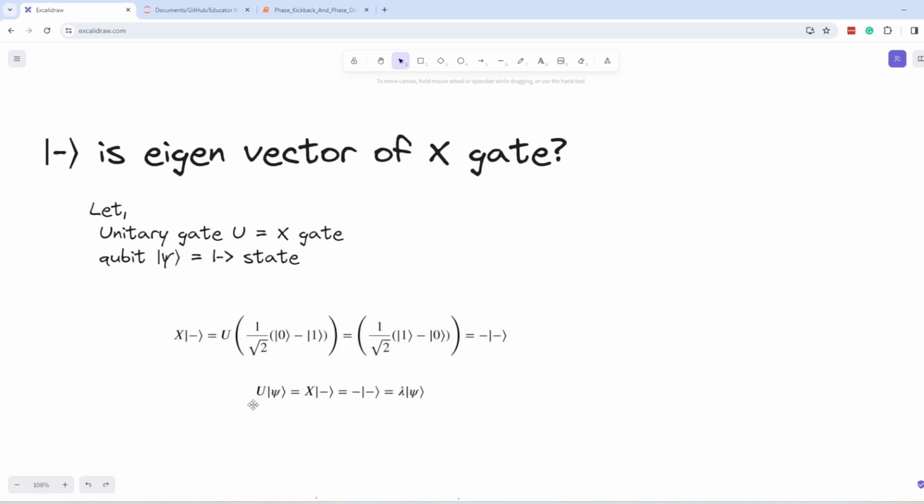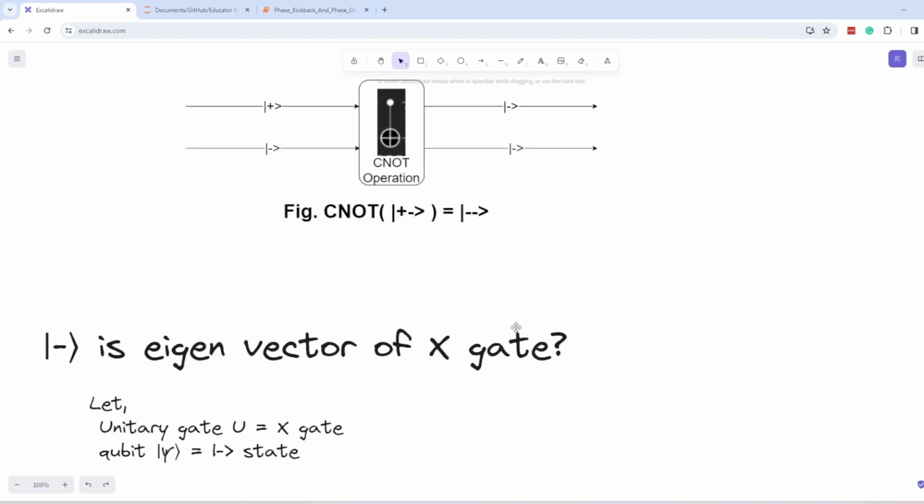Now if we compare it, we can clearly see that when X is applied to this minus state, it gives us minus of the minus state, which is equal to lambda psi. So clearly we can say that this psi, or this minus state, is an eigenvector of this unitary gate U, and this minus 1 is the eigenvalue.